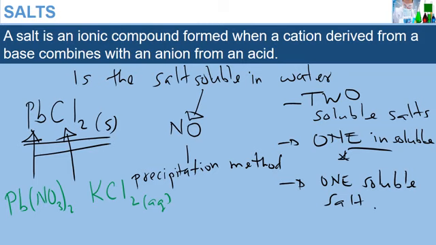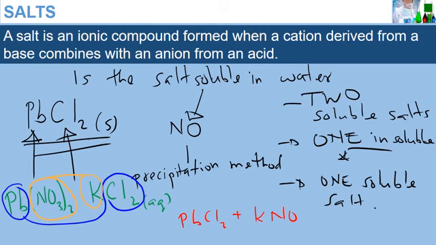Now I'm choosing potassium because I know that when the precipitation takes place, there would be exchange of anions and would form lead chloride, which would mean that these lead ions will come and combine with chloride ions, and essentially the potassium ions will combine with the nitrate ions to form products of lead 2 chloride and potassium nitrate.